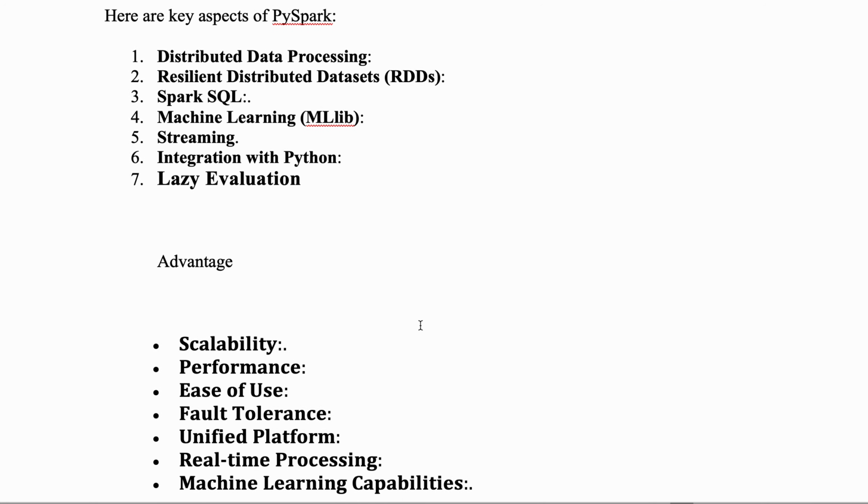Real time processing, which we have already discussed, where data is coming in real time with the help of Kafka or other tools. They are also adding machine learning capabilities. If we have a regression or classification problem, you can directly fetch your data, train your model, write your own code for feature tuning, and build your own model with PySpark.